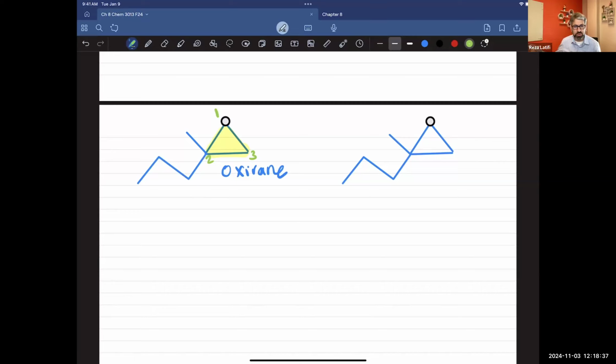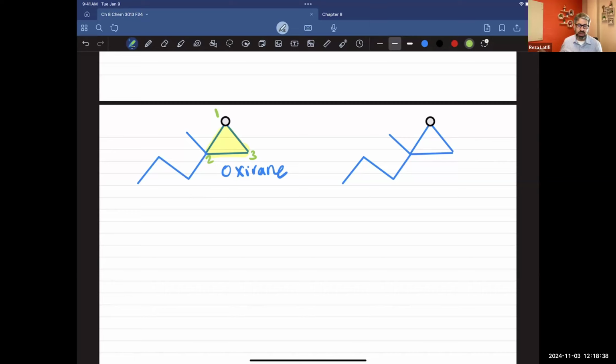If I start from the right side, I don't have any substituent there, and I will get 3 and 3 for the substituents. So it's better to label it from the left side. I have 2, this substituent is a propyl, so I'm going to say 2-propyl, and next I have 2-methyl. Next I go oxirane.